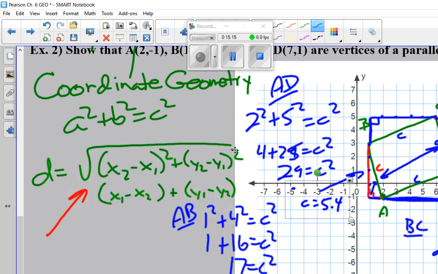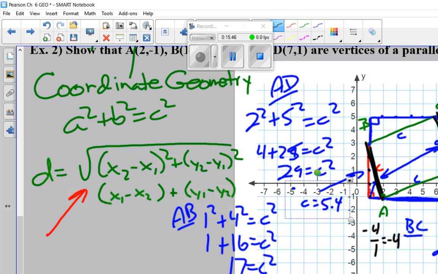So that proves that all four sides, or at least the opposite sides, are congruent. The other thing you would want to do is look at, and I know I've got a mess here, so I'm going to do it in a different color, this side right here and this side right here. If they're parallel, they should have the same slope. My slope would be negative, I'm going down 1, 2, 3, 4 and over 1, so negative 4 over 1, or negative 4 for my slope.